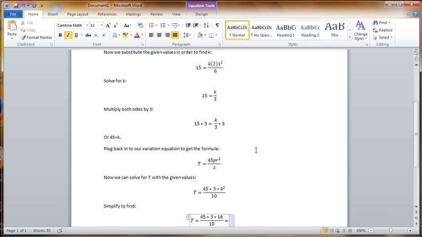So let's see, 45 times 3 times 16 divided by 10. 45 divided by 5 would be 9. 16 divided by 2 would be 8. So you have 9 times 8 is 72. Times 3 is 216.